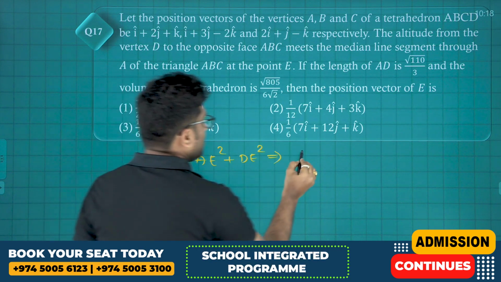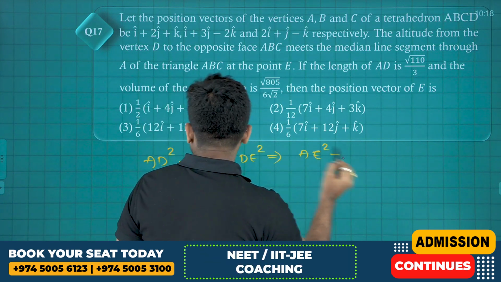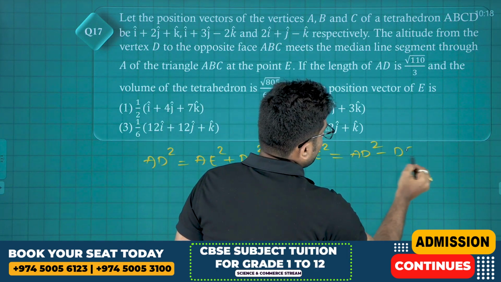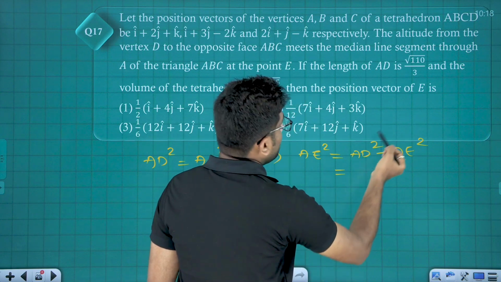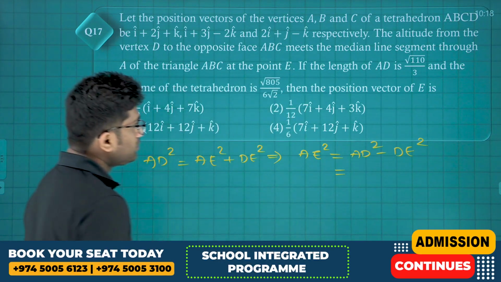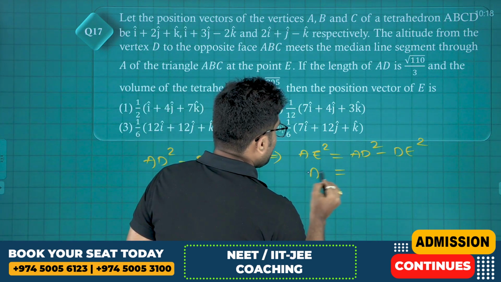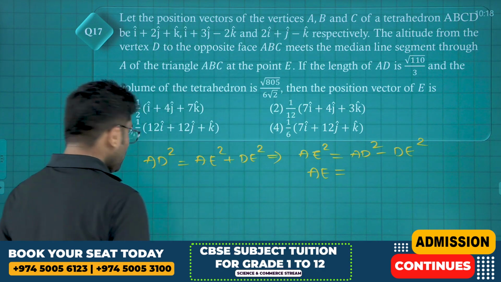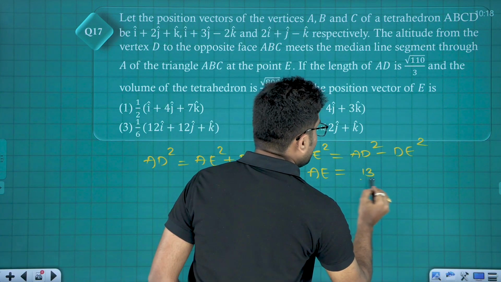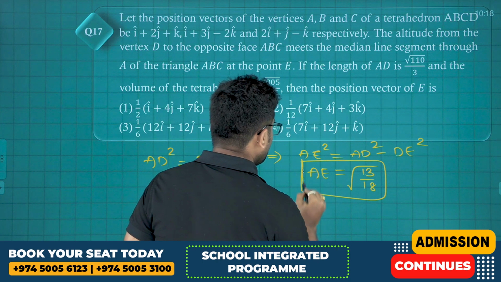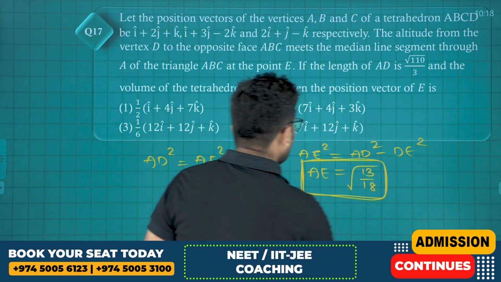That is, AE square is equal to AD square minus DE square. AD we know, and DE also we know. If we substitute these two, we get AE equal to root over 13 by 18, friends. We have got AE.